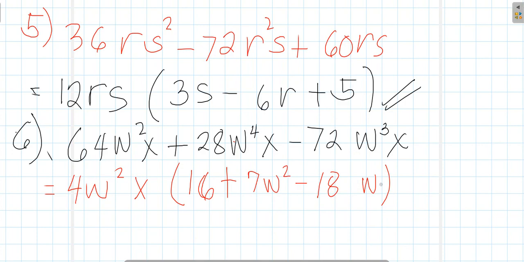Okay, so that's the answer. Okay, so this is common monomial factoring. Okay, so we have now the third.